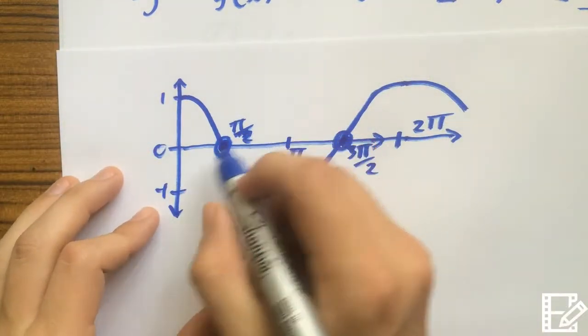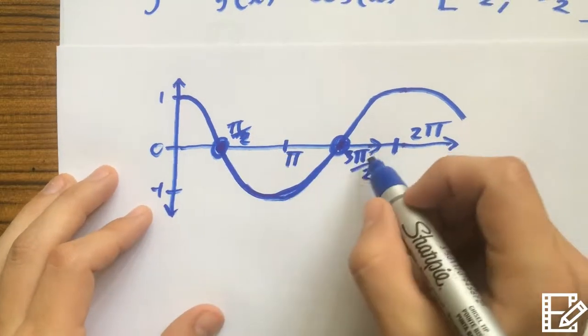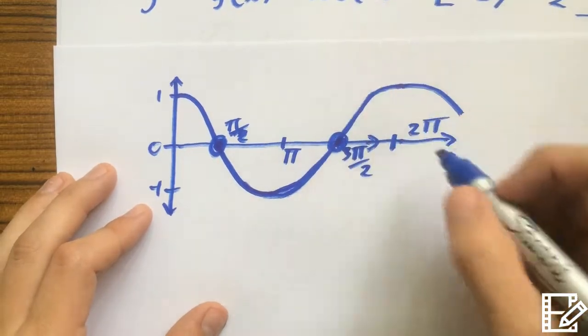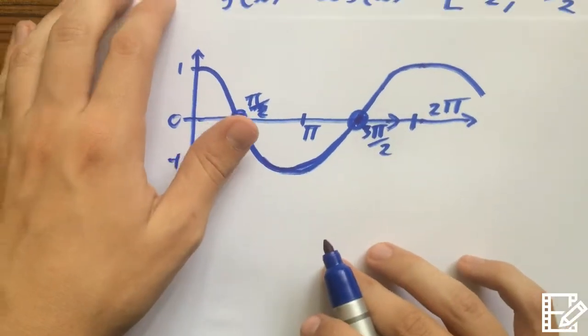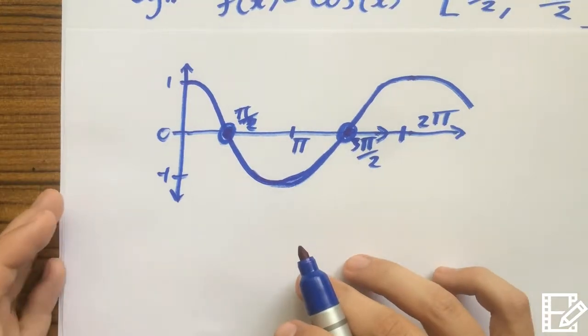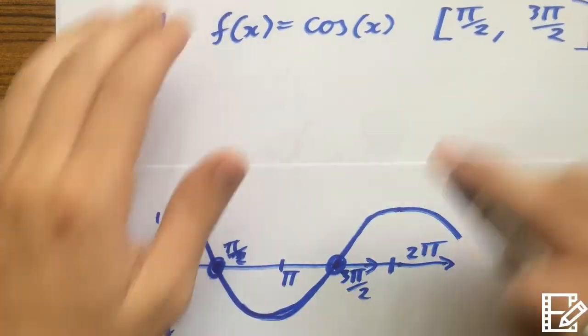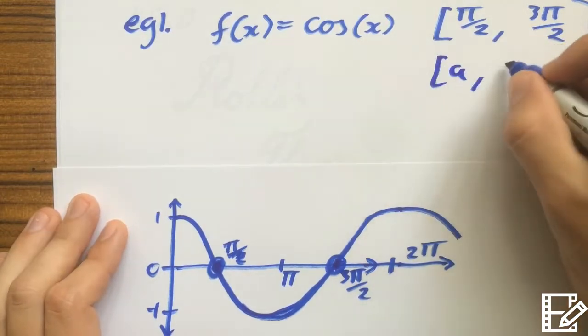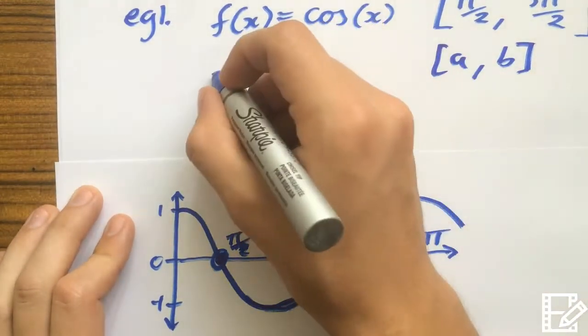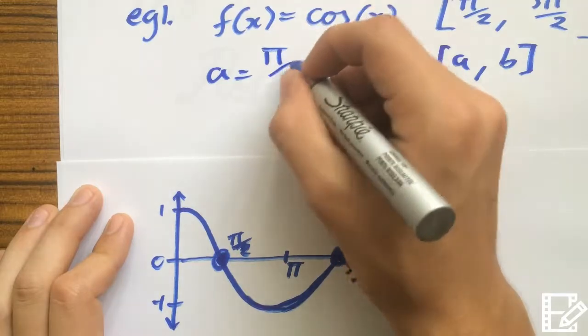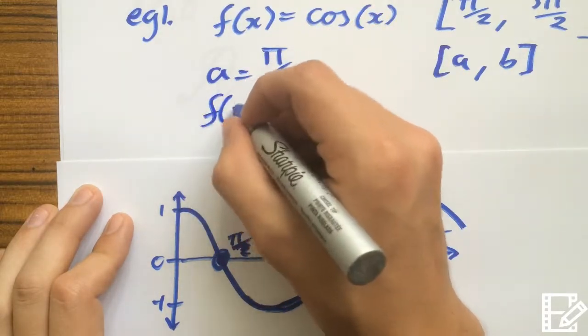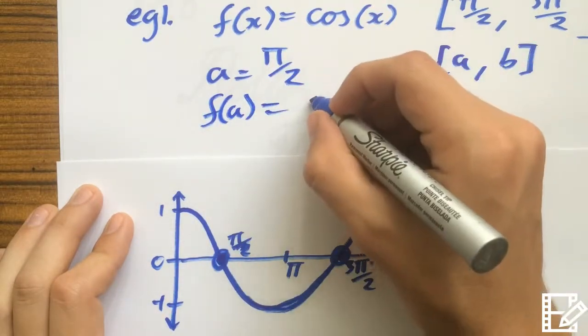At pi over 2 it is 0, and at 3 pi on 2 it is 0. Just type it into your calculator, because this will be our point A and this will be your point B. If you have A equals pi on 2 and you sub that into the function, you'll just get 0.